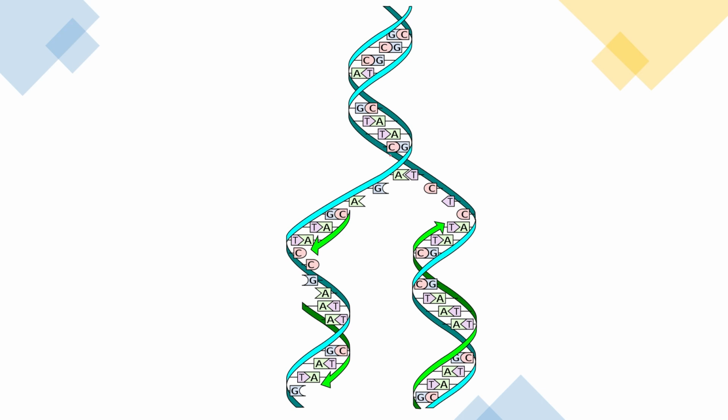A DNA strand will unwind and form two strands. Then from the 3' to 5' end, this is the leading strand and this is the lagging strand. In the leading strand the strand will form from 3' to 5' end as continuous, and on the lagging strand it will form away from the replication fork as Okazaki fragments.